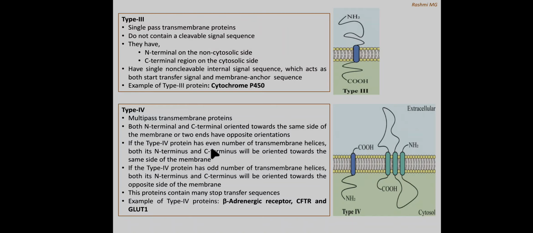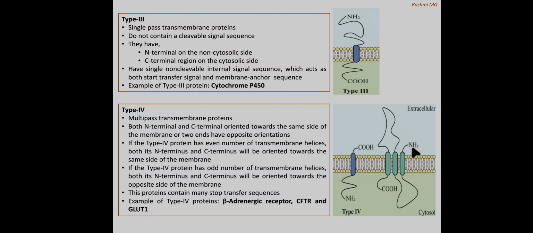If the type 4 protein has an even number of transmembrane helices, both its N-terminus and C-terminus will be oriented towards the same side of the membrane. If the type 4 protein has an odd number of transmembrane helices, both its N-terminus and C-terminus will be oriented towards opposite sides. Here you can see an odd number of transmembrane helices.